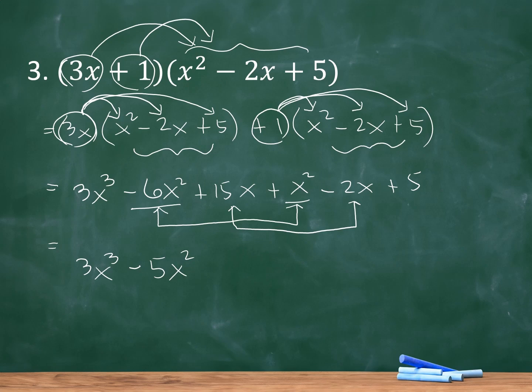So 15x minus 2x, you can think of this as 15x plus the opposite of 2x, which is negative 2x. So if you can solve this mentally, that would be cool. So 15x minus 2x, it's going to be positive 13x. And then just copy plus 5.